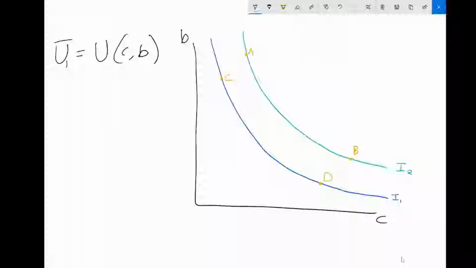So the agent is indifferent between A and B, and the agent is indifferent between C and D, because the utility derived from A is equal to the utility derived from B, and the utility derived from C is equal to the utility derived from D.